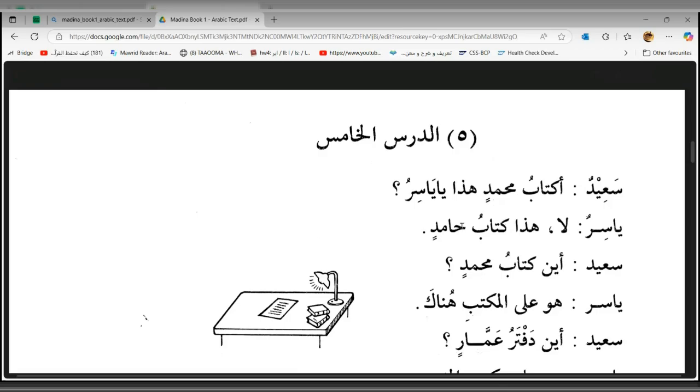In Arabic, we say Kitab is Mudaf and Hamid is Mudaf ilayh. In other words, Kitab is the item that's owned and Hamid is the owner. So, possessed followed by the possessor, the owned followed by the owner.